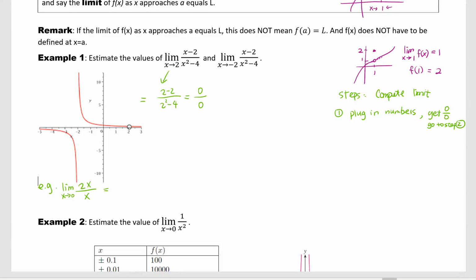And so 2x over x, well, it's 0 over 0, but the x cancel, you get 2. So it could be a number. And it could be like x over x squared. So we also have 0 over 0. However, in this case, we can cancel and get 1 over x.